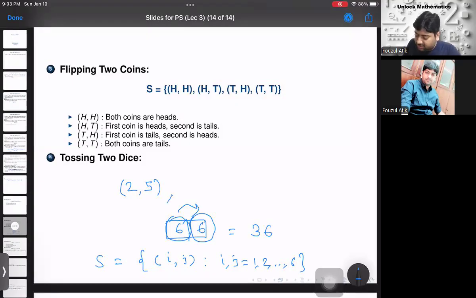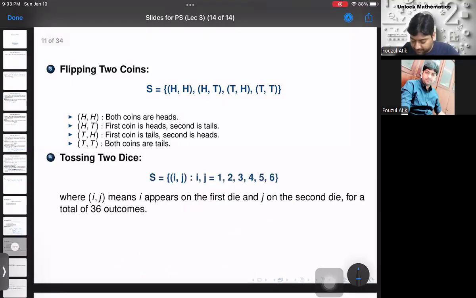So some of the possible outcomes are 2, 5. Another one may be 1, 6. Another can be 6, 6. In this way, you have 36 of this kind of choices. I hope it is clear. Yes, as discussed, this could be the sample space for this case.